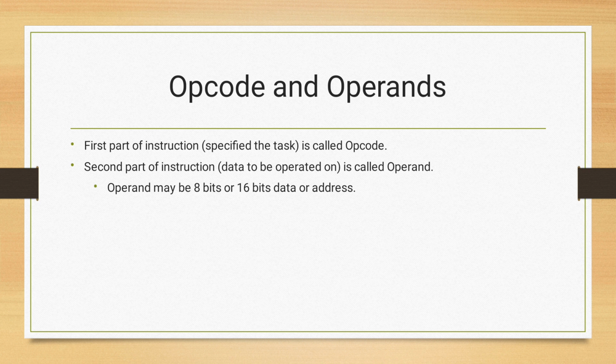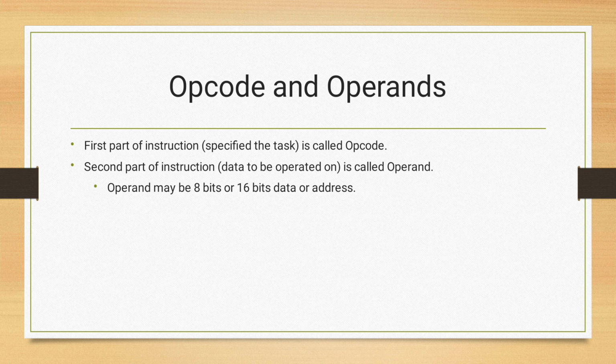The first part of any instruction is called the opcode, which represents the specific task to be performed by the computer. That is why it is called the opcode, and it is always the first part of the instruction.